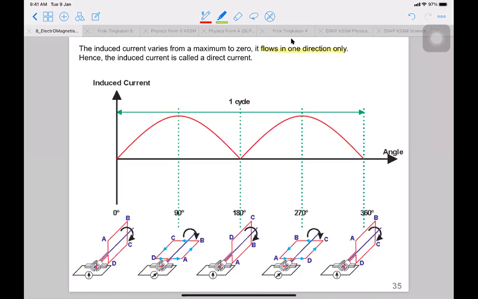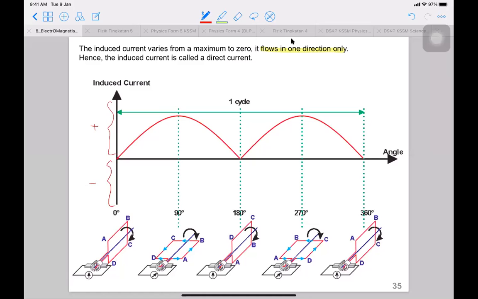Because this part here is the positive direction, forward motion, and this part here is considered negative. That's why for the DC generator, it says that the current flows in one direction only, meaning it only flows in the positive direction. Going forward.